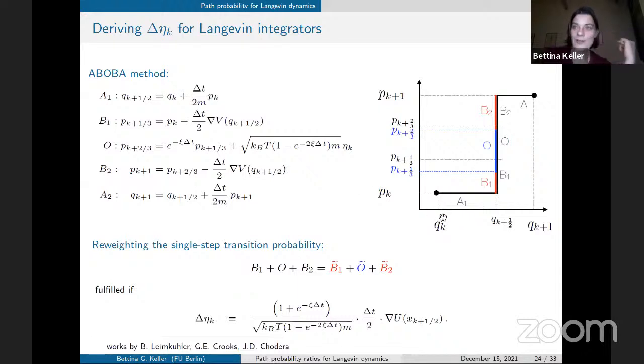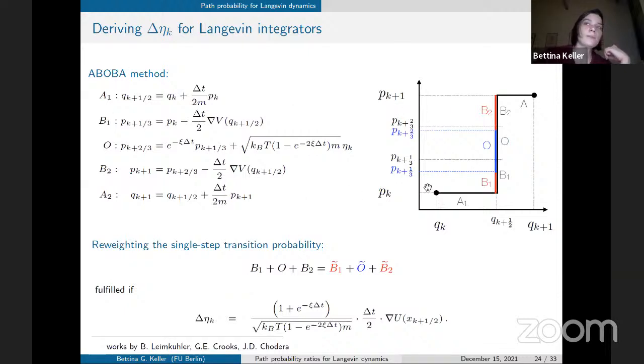The way we do that is we write down the initial point, q_k and p_k, in this phase space diagram. That's the initial point, and after one integration time step, we want to get to this final point over here, q_k+1, p_k+1.